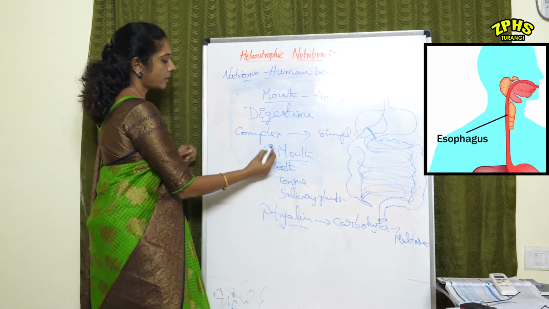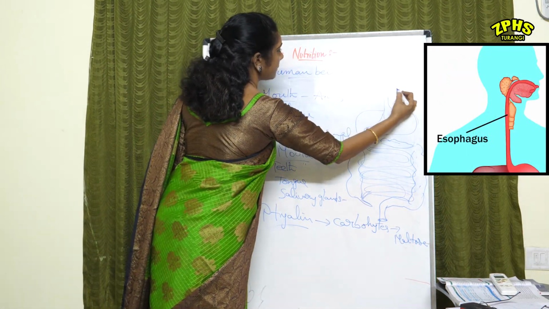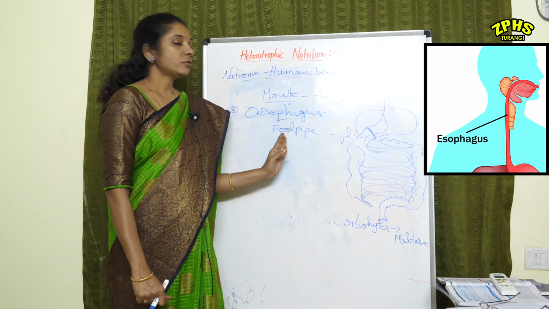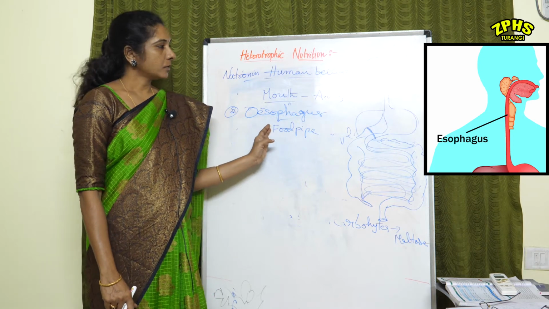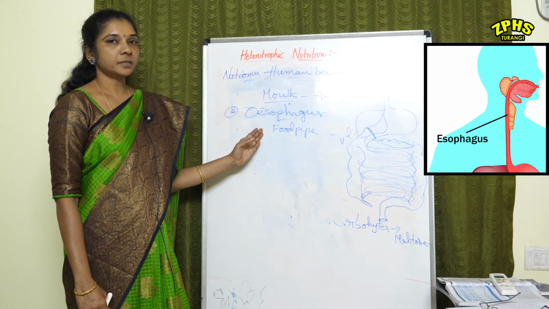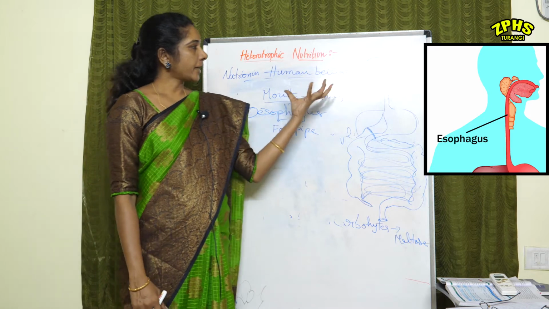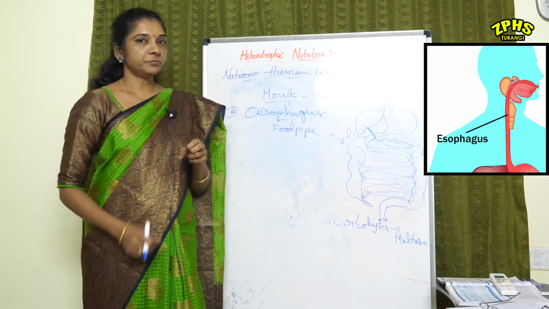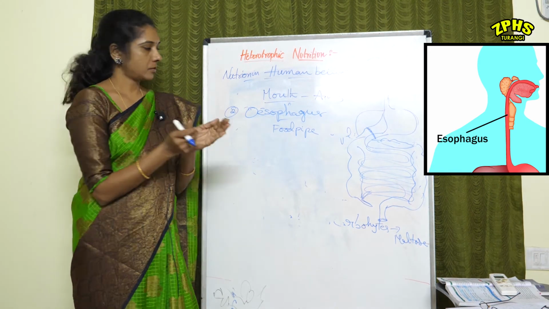So the first part is the mouth, the second one is the esophagus. The esophagus is otherwise known as the food pipe. It is a muscular structure and contractions and expansions happen in it. When we swallow the food, the esophagus expands like this.